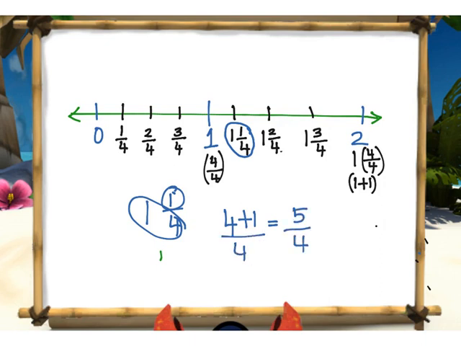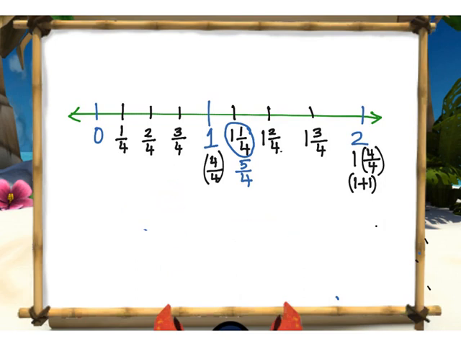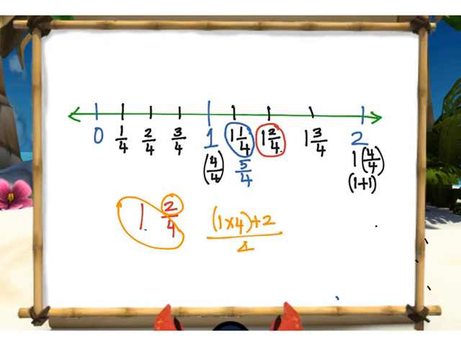Okay, so 1 1/4 will become 5/4, and this one 1 2/4, we'll be multiplying 1 times 4, and then plus this number, plus 2 by the denominator.